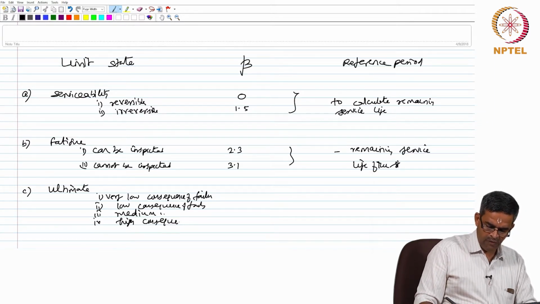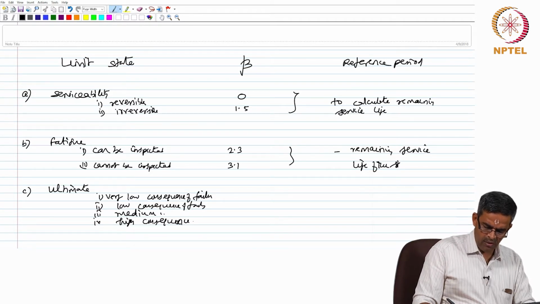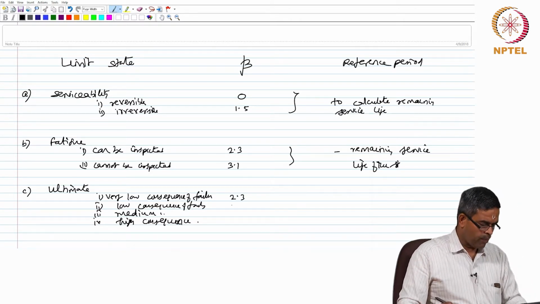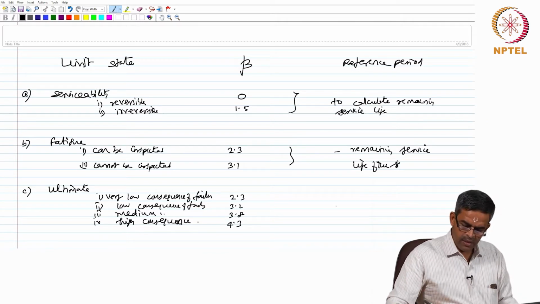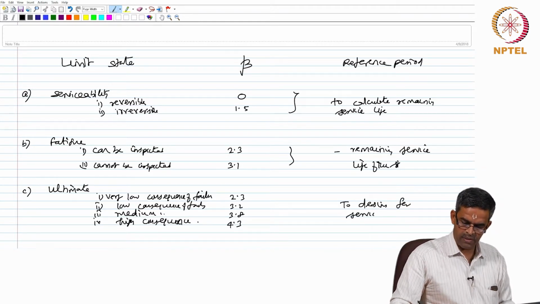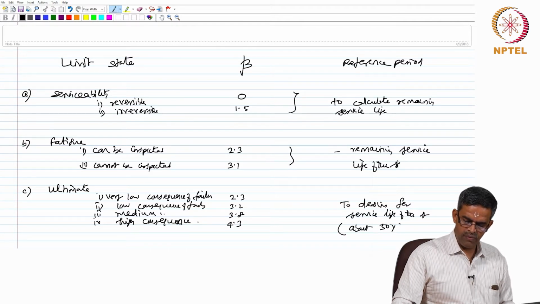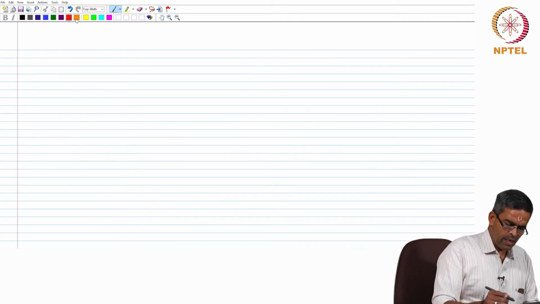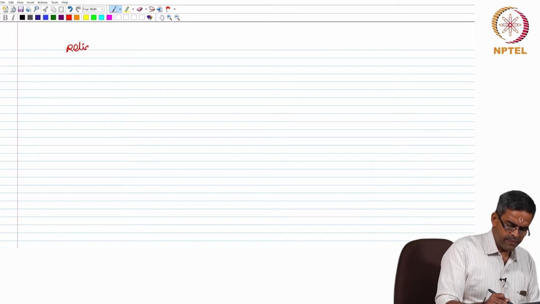So, it is classified based on the consequence of failure, and the reliability indexes are 2.3, 3.2, 3.8 and 4.3. They are actually used to design for service life of the structure. Usually the service life design is about 50 years.